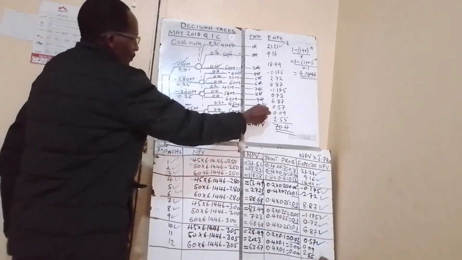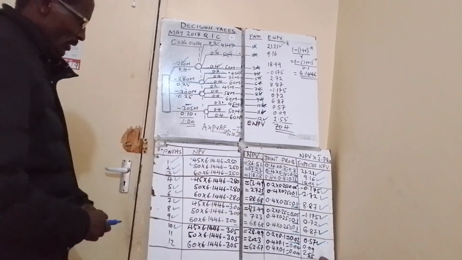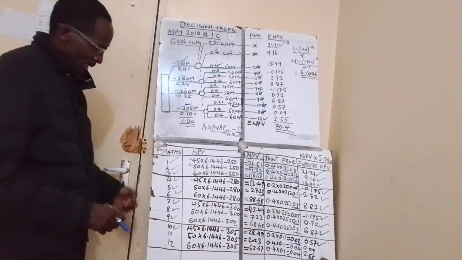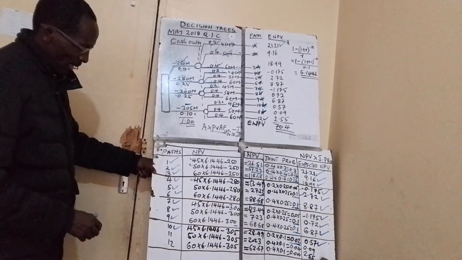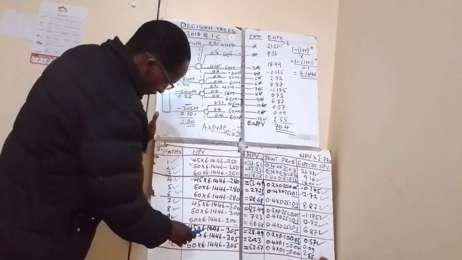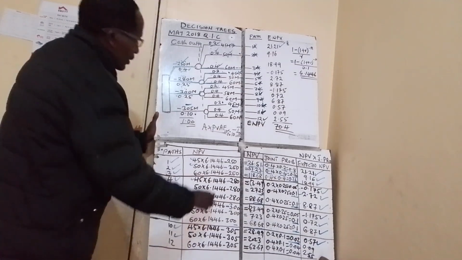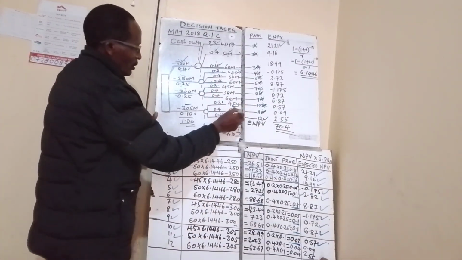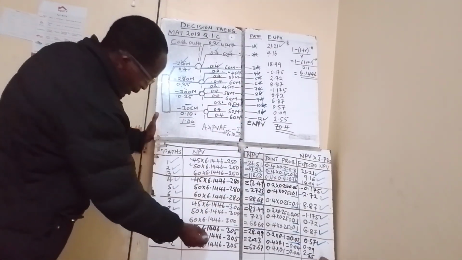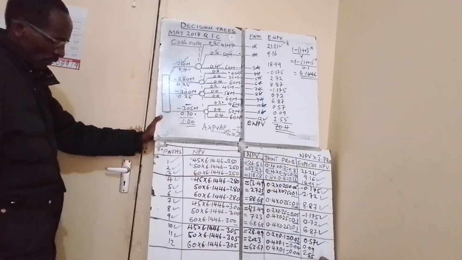Path 11, 50 million times 6.1446 minus 305, the initial capital outlay.